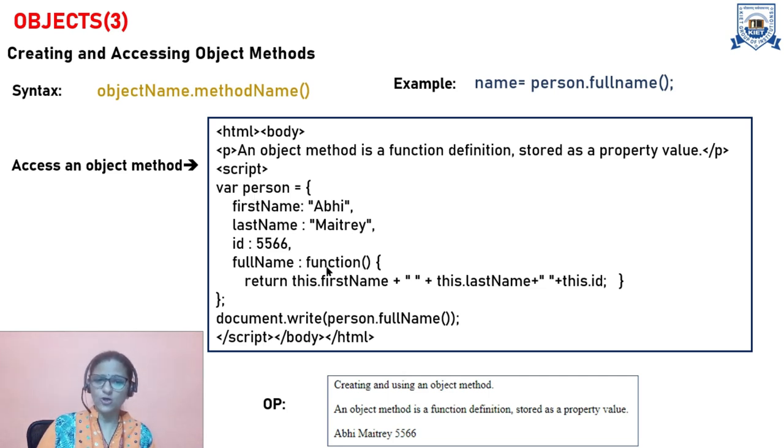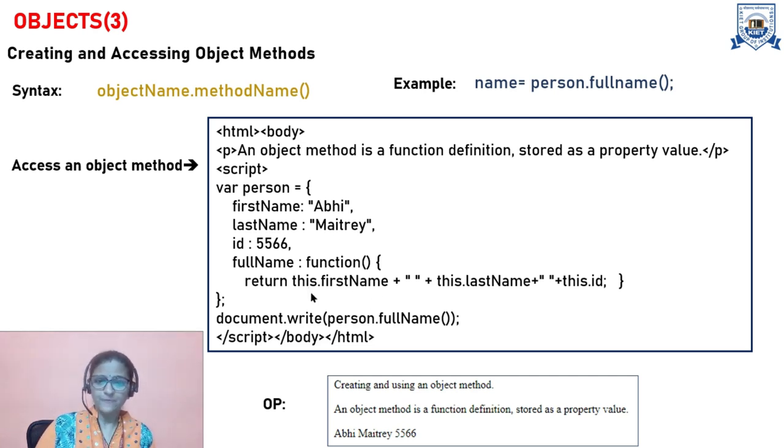So basically an object method is a function definition, and the function definition is stored as a property value. So here fullName is working like a property, and from the property we can retrieve the value. Now here this single property can contain these number of values, these number of properties.